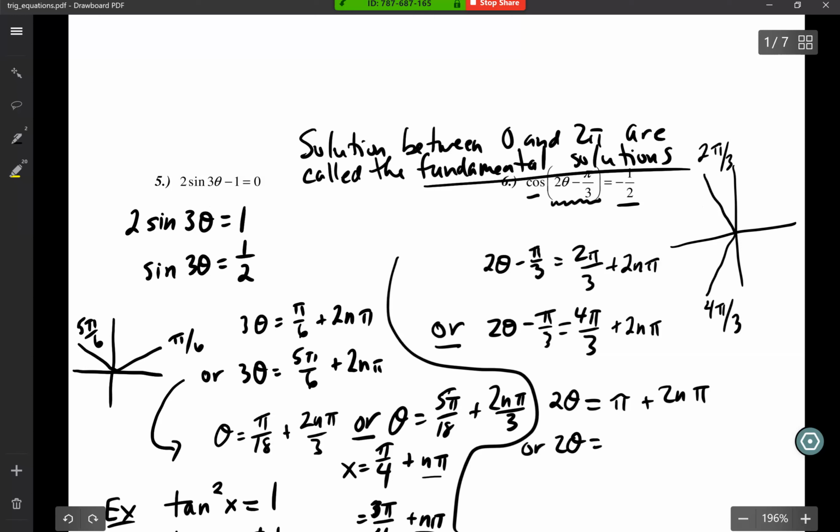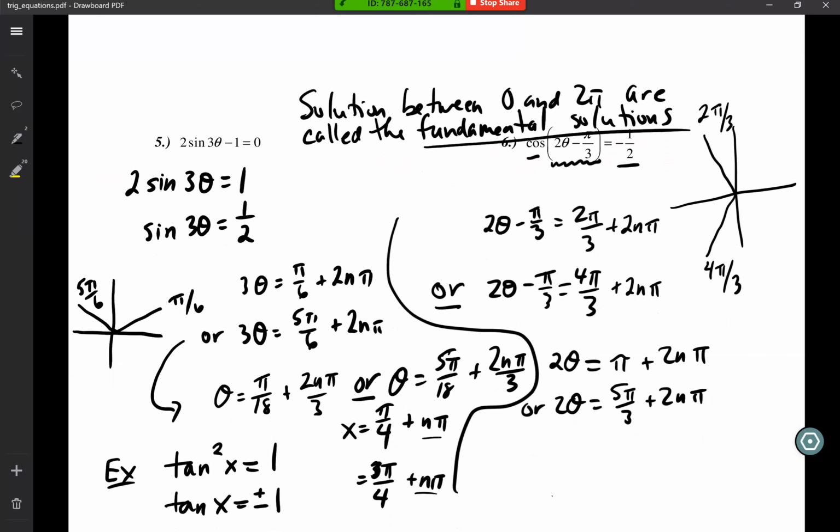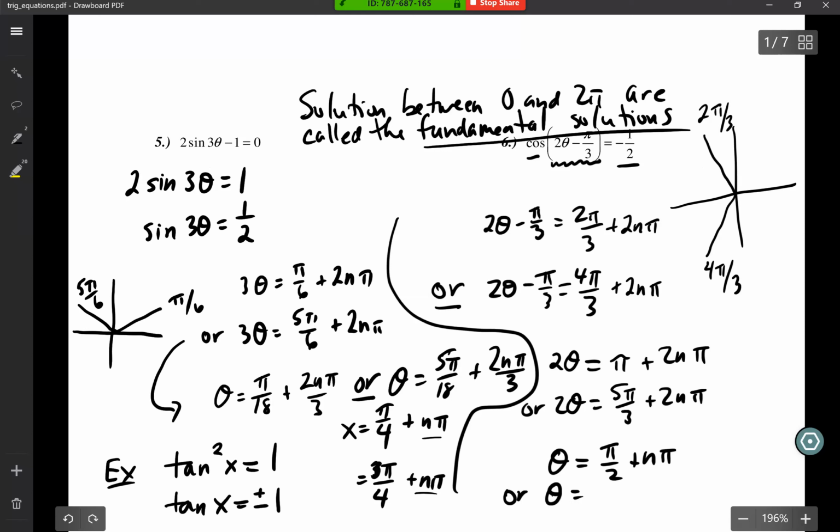And if we add pi over 3 in the second one, we get 5 pi over 3 plus 2n pi. And then for our last step here, we'll divide the equations by 2 to get pi over 2 plus n pi, or 5 pi over 6 plus n pi.